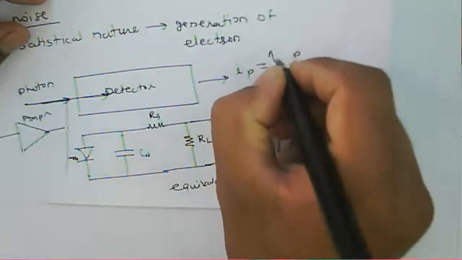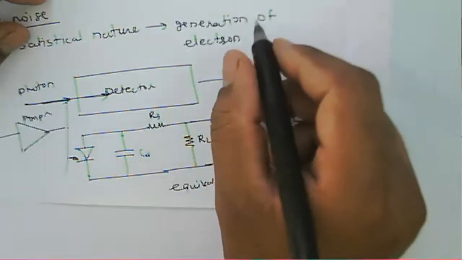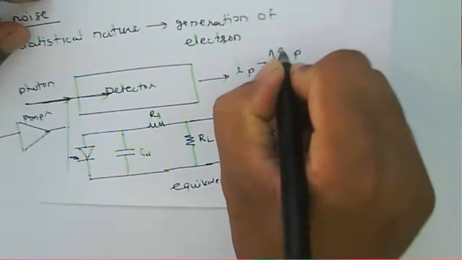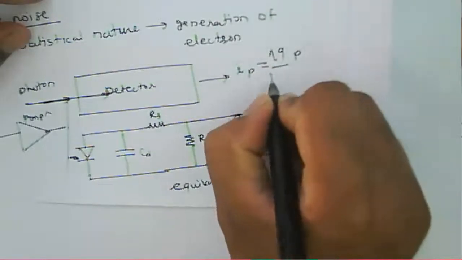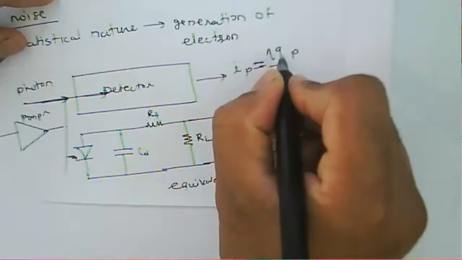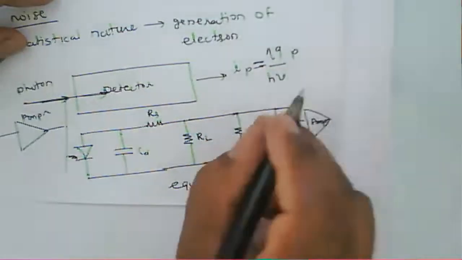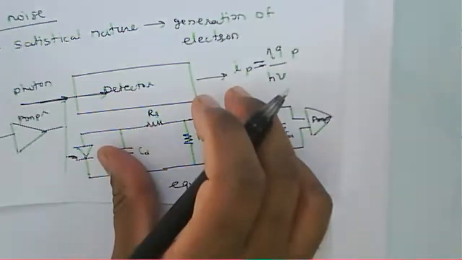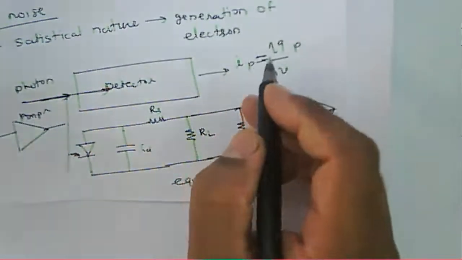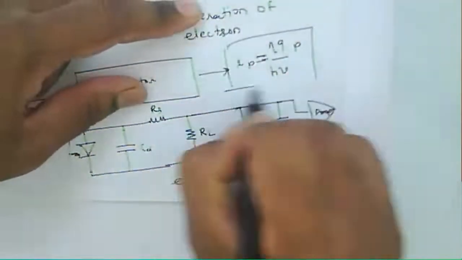The quantity of photon generation will depend upon eta q over hv. hv is the photon energy, q is the charge, and eta is the quantum efficiency. So that is about your current.